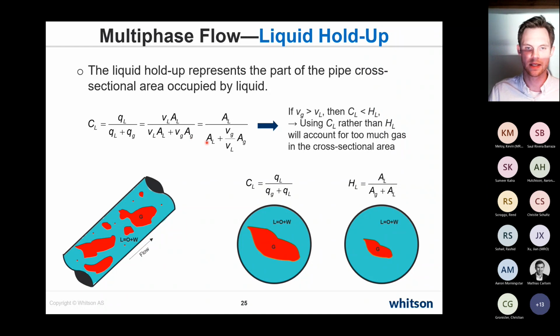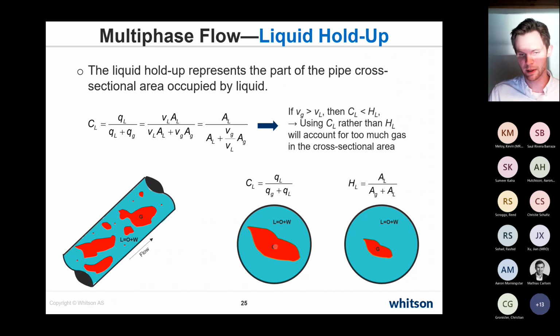what you can see from the equations is that CL, this is just a different way of writing what we just saw, but the point is simply that the consequence of using the liquid flux fraction versus using the liquid holdup is that if we use the CL, we're accounting for too much gas in the cross-sectional area.